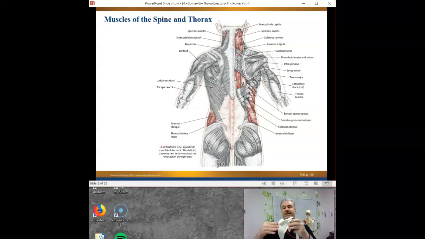So supraspinatus, infraspinatus, and teres minor. Teres minor, cool. And then underneath we've got the subscapularis. Sub, scap, ularis.